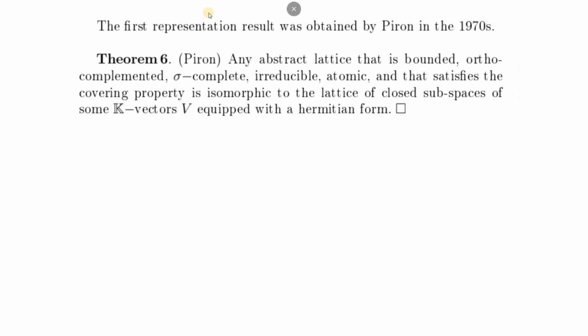Now, the first representation theorem was obtained by Piron in the 70s: an abstract lattice with all the properties we mentioned before is isomorphic to the lattice of closed subspaces of some k-vector space with a generalization of an inner product.